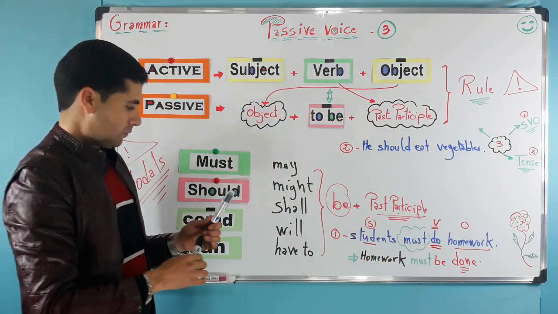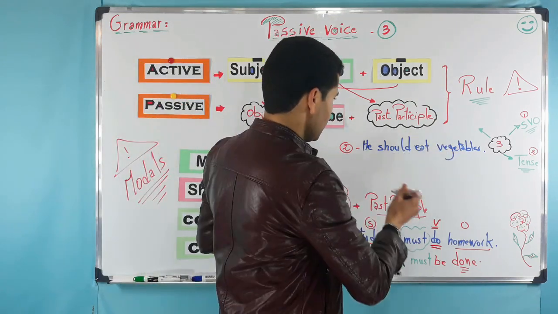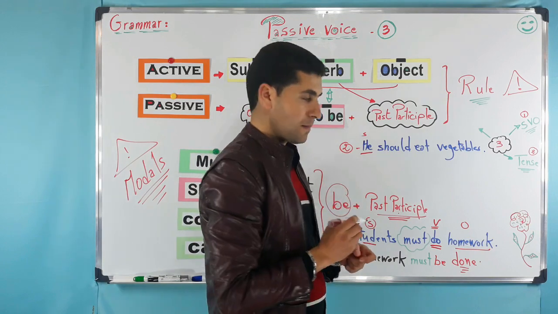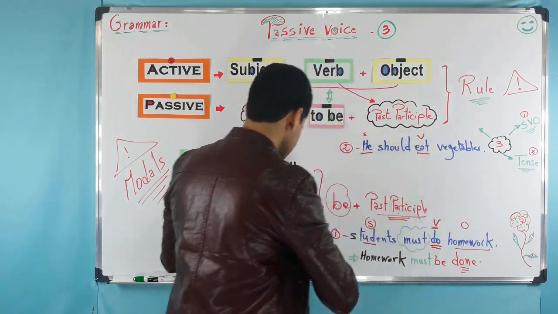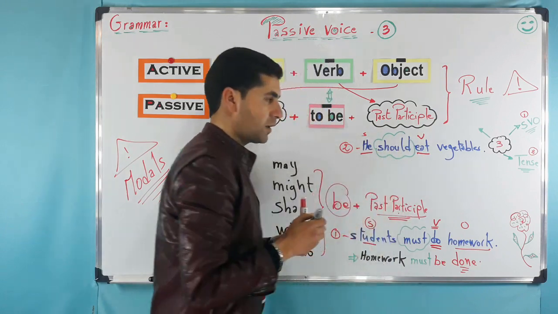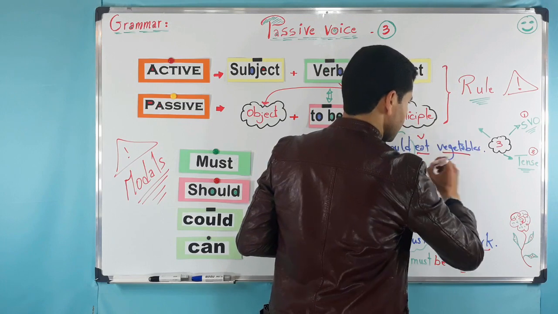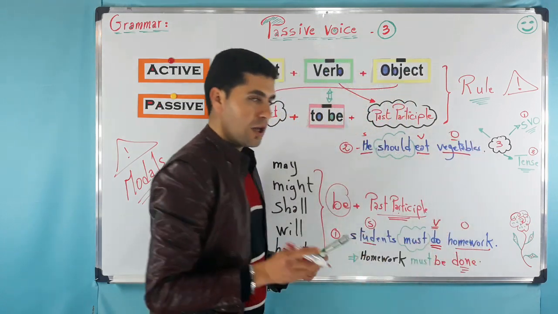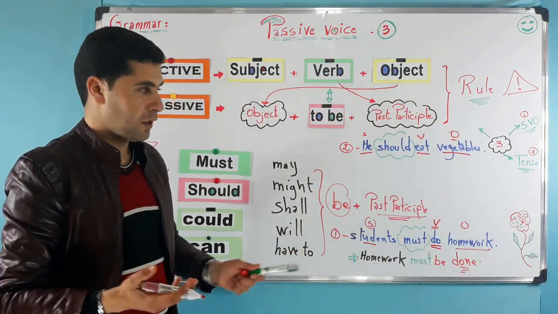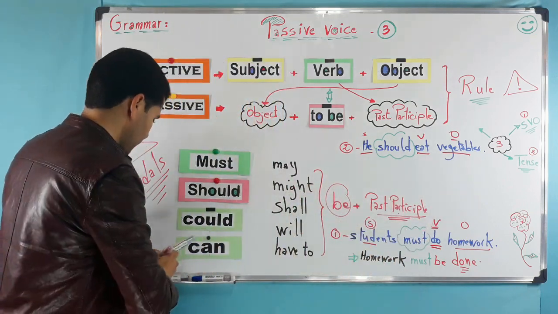So here again, the same steps that we follow. Here we have the subject, and eat is the verb. Should is the modal verb, and vegetables is the object. He should eat what? He should eat vegetables. So vegetables is the object.